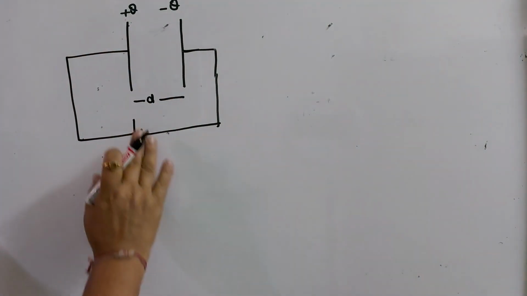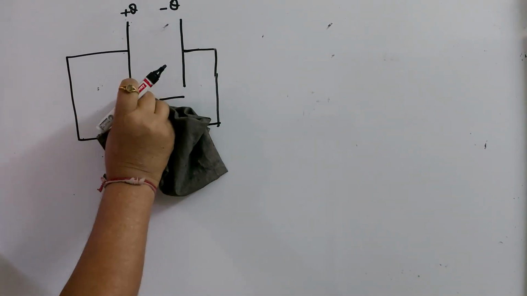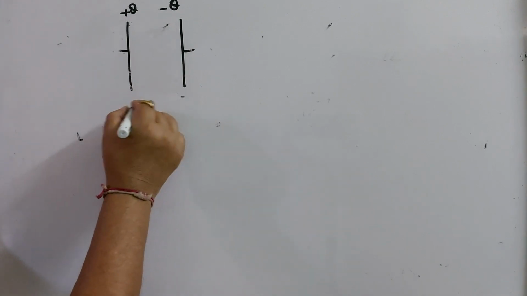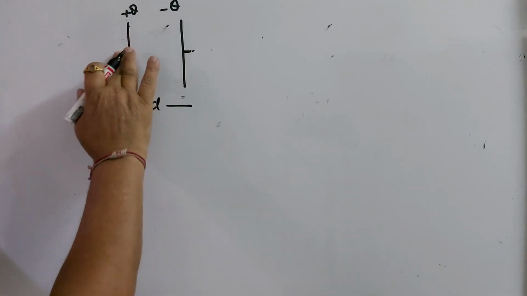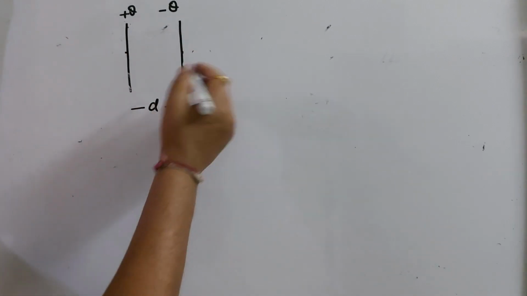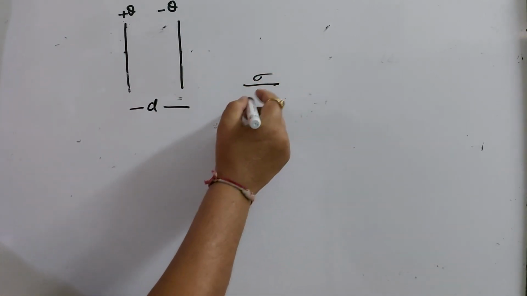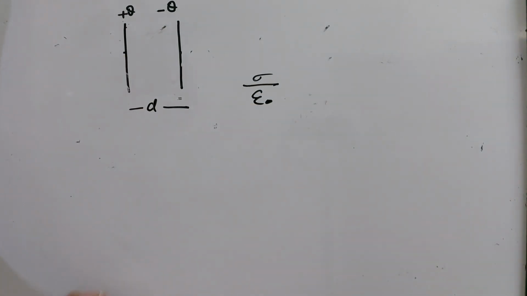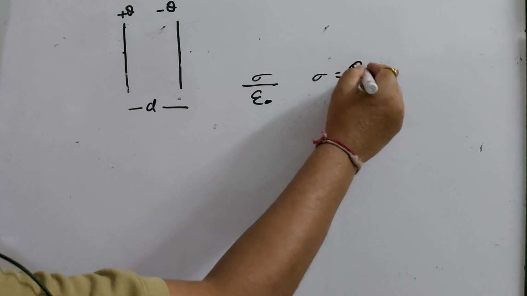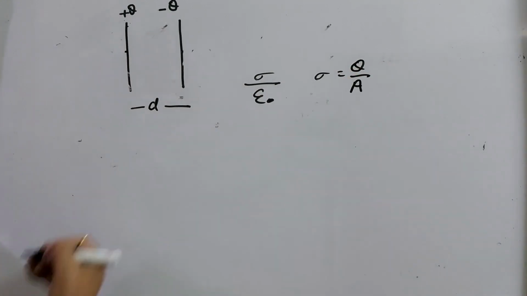Now this is having plus q charge and this is having minus q charge, and the gap between the plates is D. So this is D, suppose, and this is plus q charge and minus q charge. In between the plates, as we already know, the field between the plates is sigma by epsilon naught, and sigma is basically the charge per unit area.